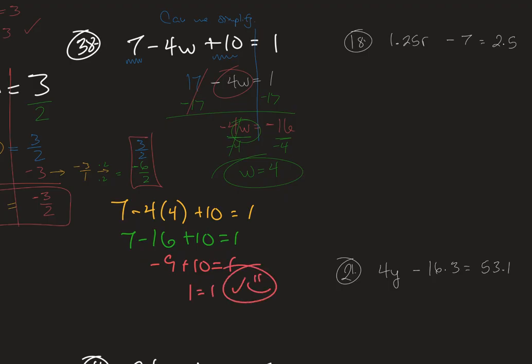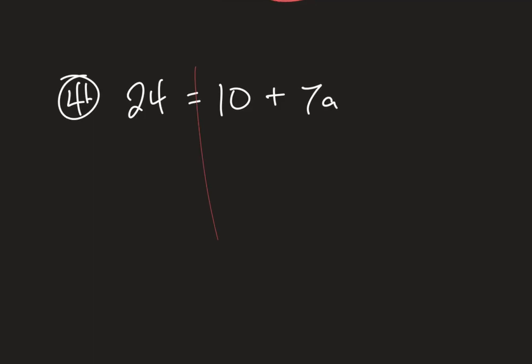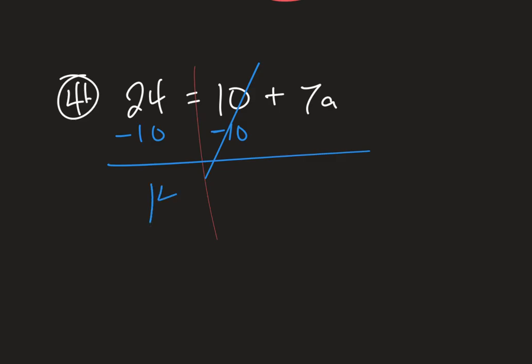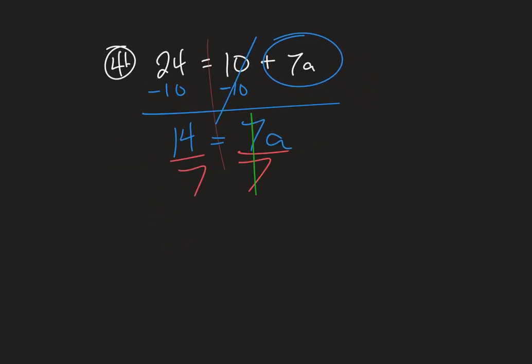We're good. 41, 24 equals 10 plus 7a. All right, I'm going to subtract 10. The 10's cancel, giving us 14 equals 7a. And divide by 7 because we're multiplying by 7. The 7's cancel, giving us a equals 2.